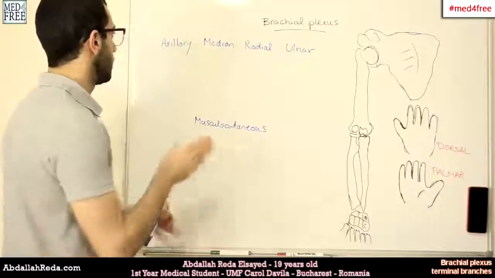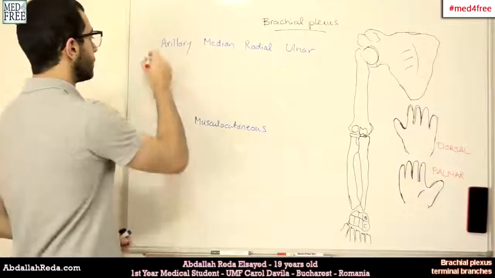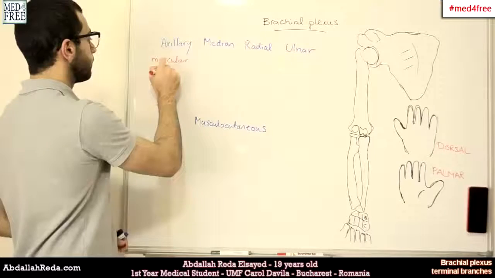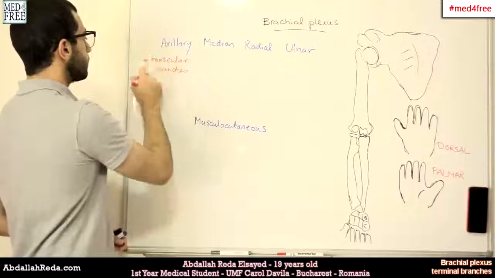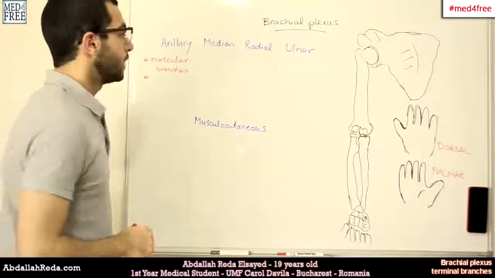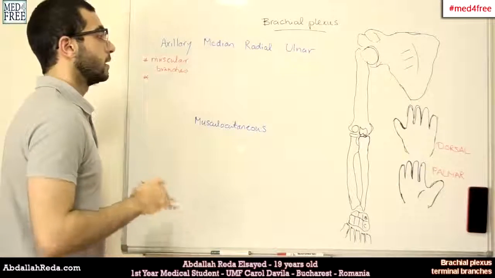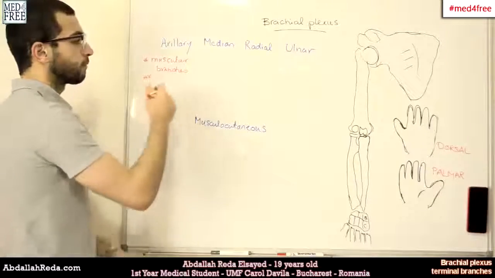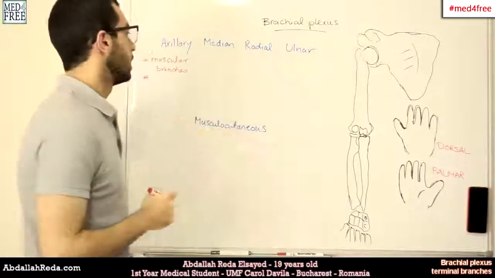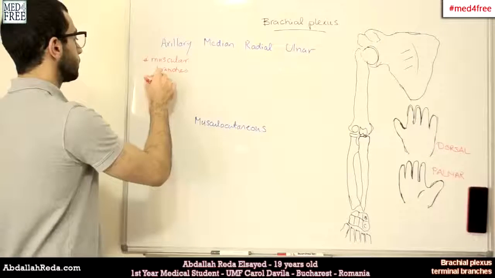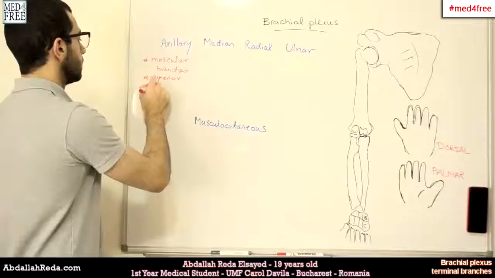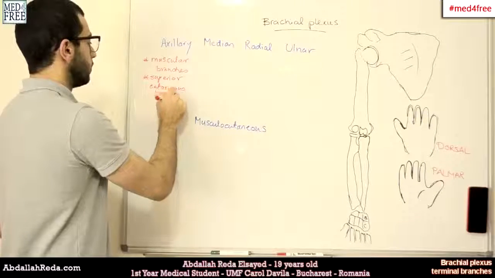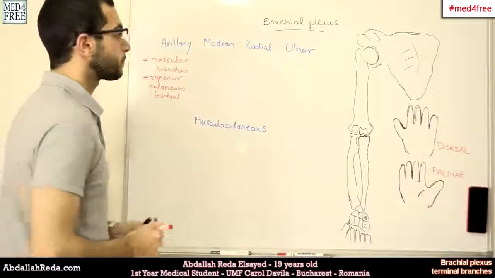From this we conclude that the axillary nerve will give muscular branches, and also the axillary nerve, matter of fact, gives a cutaneous branch for the posterior aspect of the shoulder, and it's called the superior cutaneous brachial, or the superior brachial cutaneous branch.